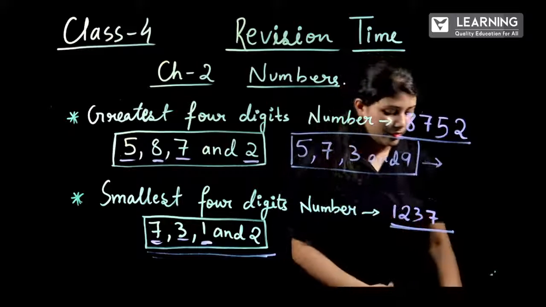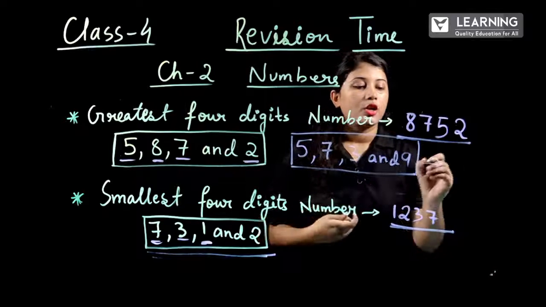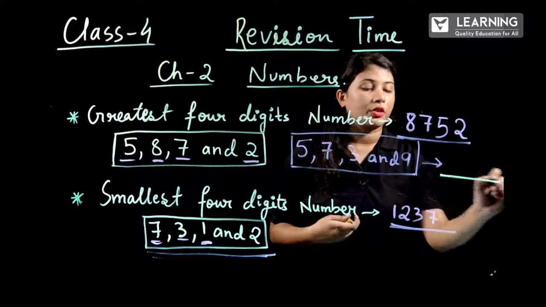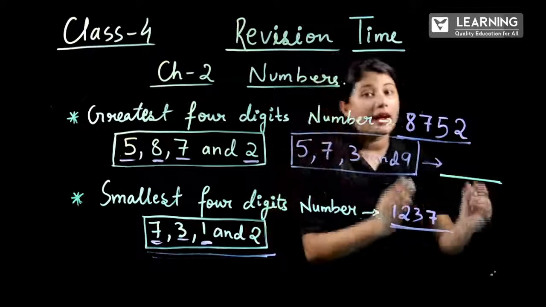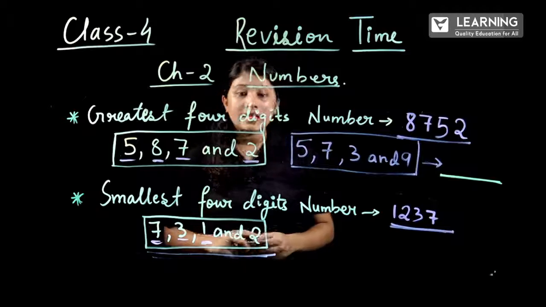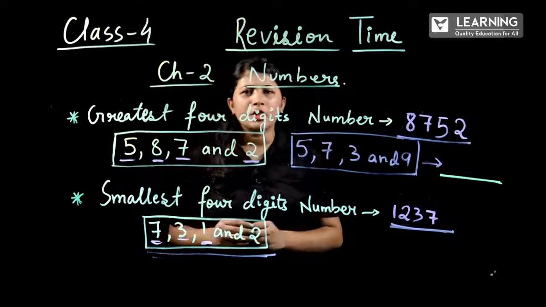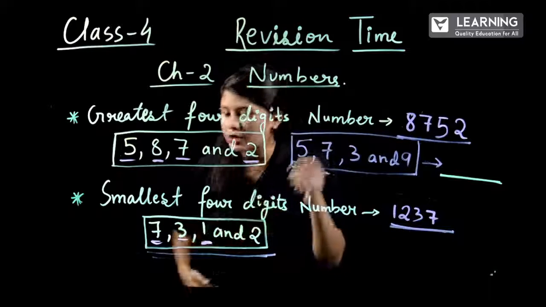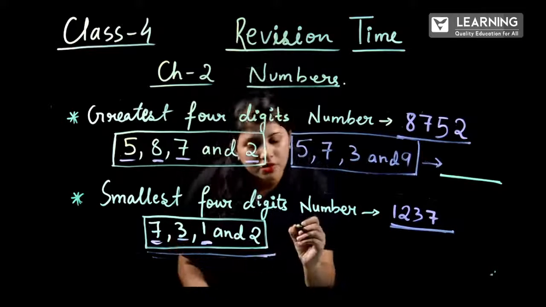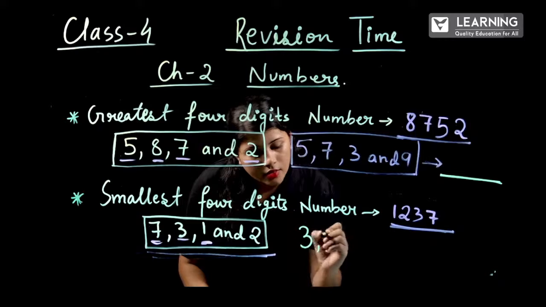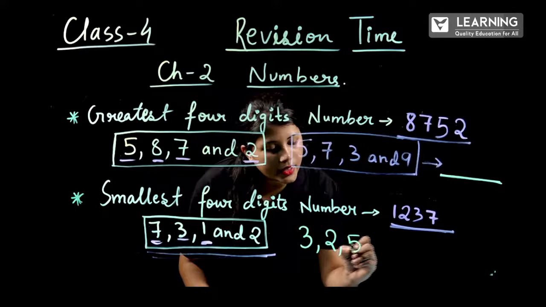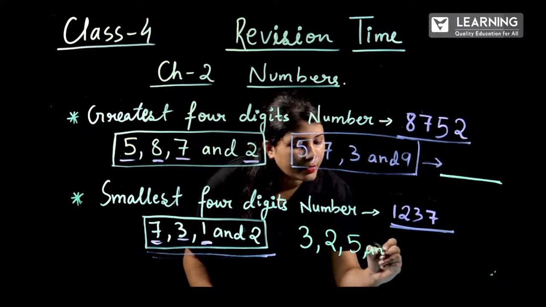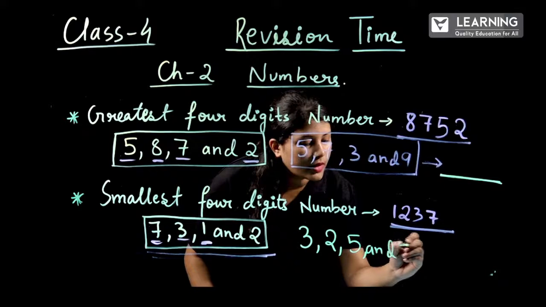Now you will be writing the answer over here. Now let me see question number 2. For question number 2, what should I give? Okay, let me use this pen only, and my question will be 3, 2, 5 and 7.